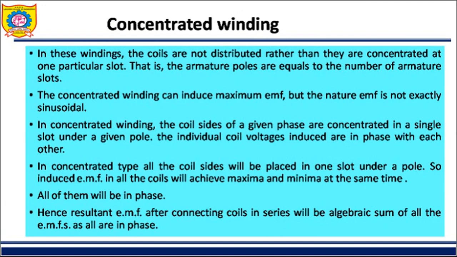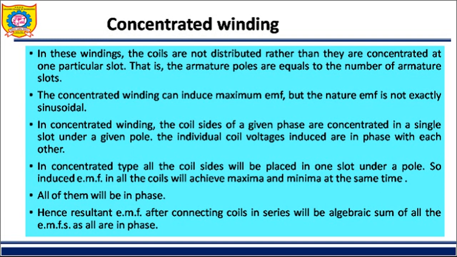What is the concentrated winding? In this winding, the coils are not distributed, rather they are concentrated in one particular slot. There are many slots. The number of armature poles is equal to the number of armature slots.